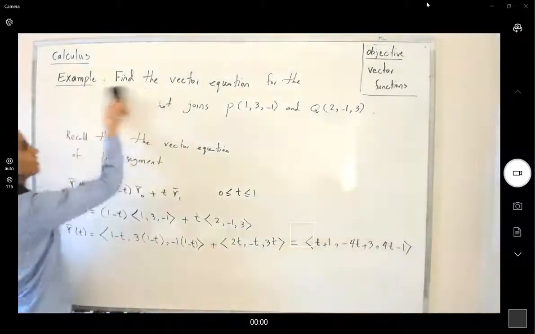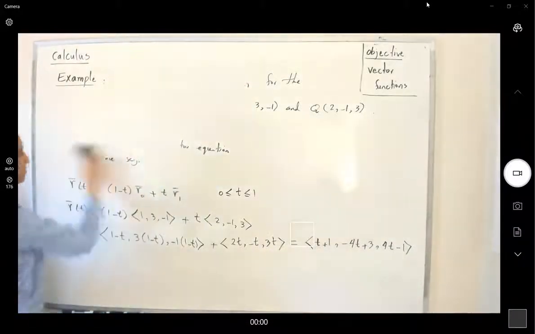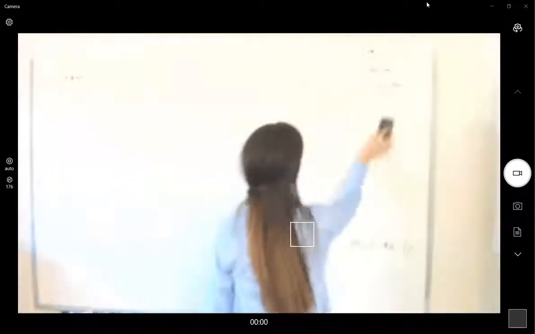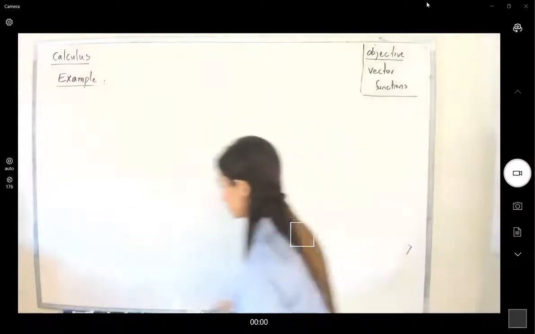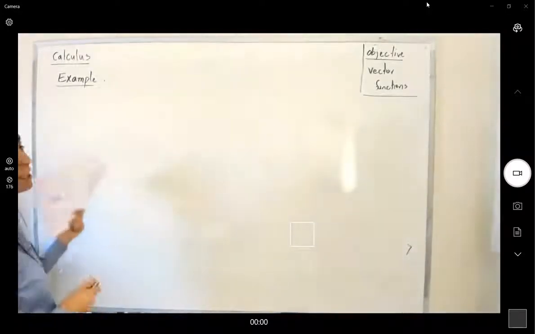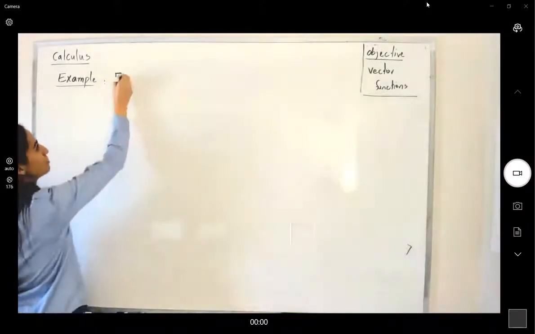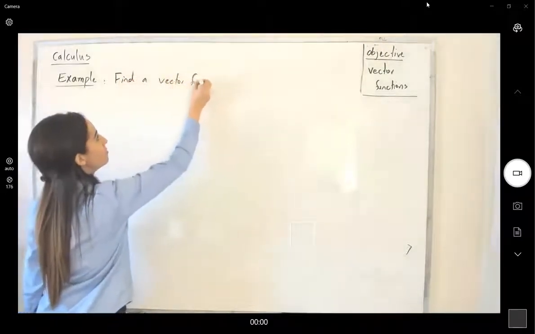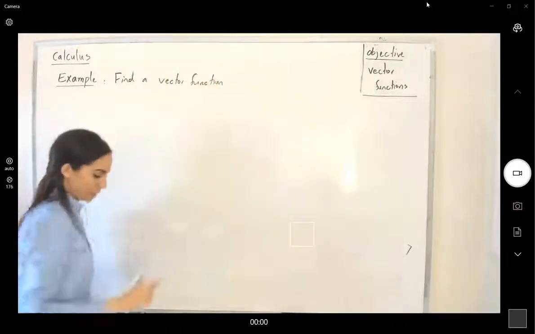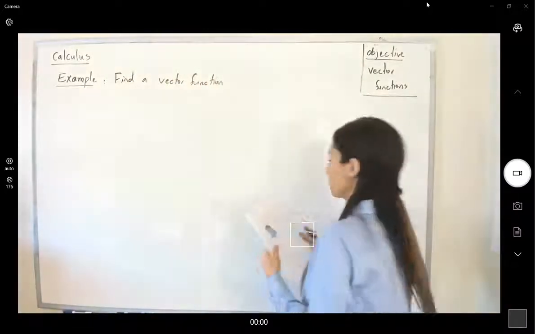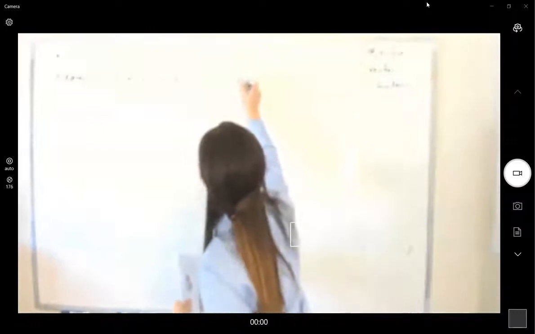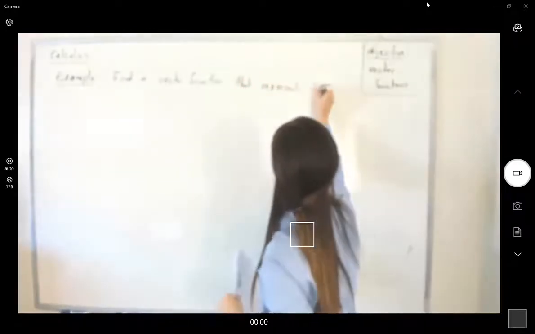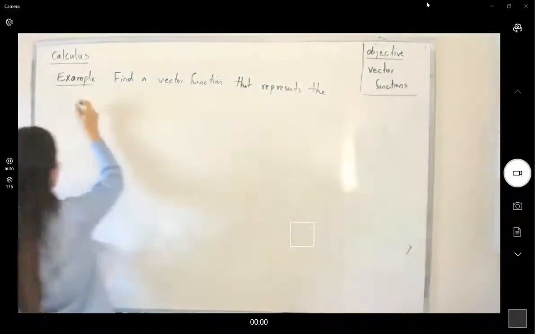Okay, our last example in this section says, find a vector function that represents the curve. What is that curve?